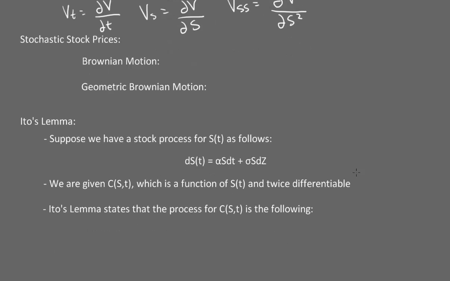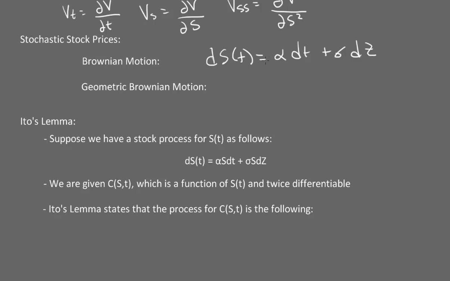Now the exam likes to test stochastic stock prices, and the introductory processes that are given in exam MFE are Brownian motions and geometric Brownian motions. Now a Brownian motion has the following process: dS(t), the change in S(t), is equal to alpha dt plus sigma dZ.